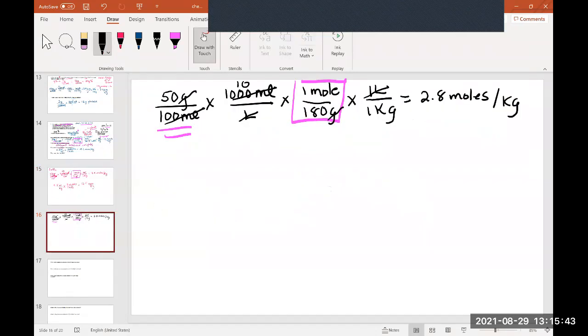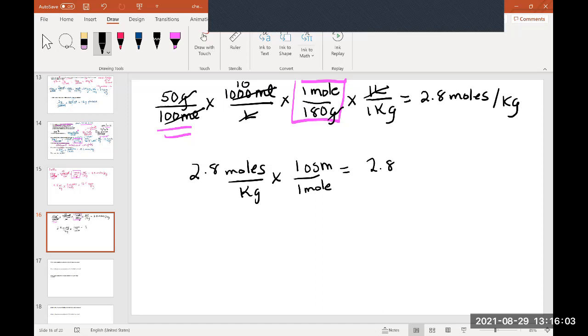For glucose, we take 2.8. And again, for every 1 mole, we still have only 1 osmole because glucose does not dissociate. So we still have 2.8 osmoles per kilogram of solvent.